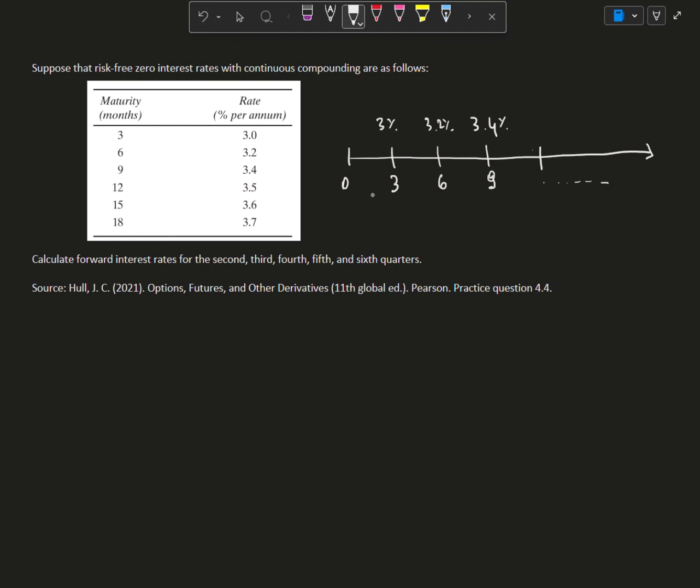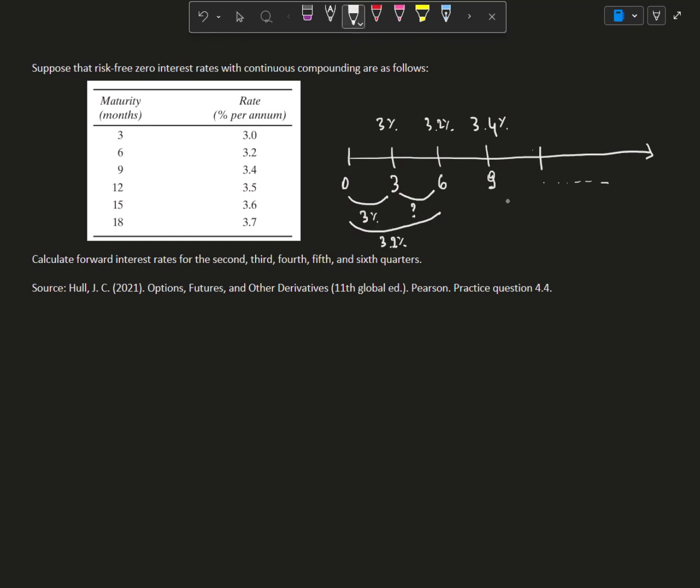What we know is that the zero rate from 0 to 3 is 3%. We also know that the rate from 0 to 6 is 3.2%. But we don't know the rate from 3 to 6, the forward rate from 3 to 6. So let's try to figure that one out.